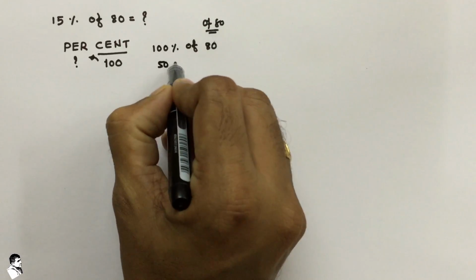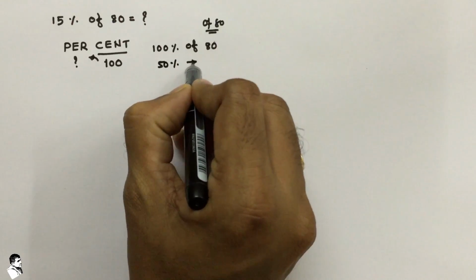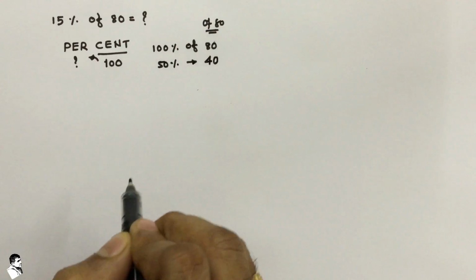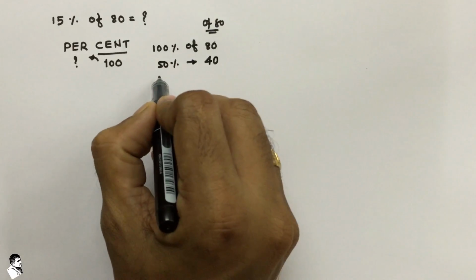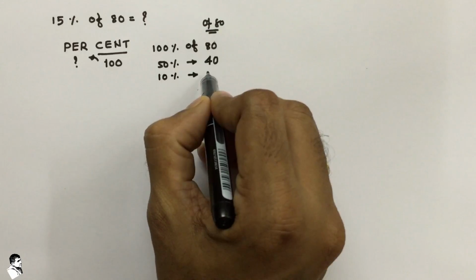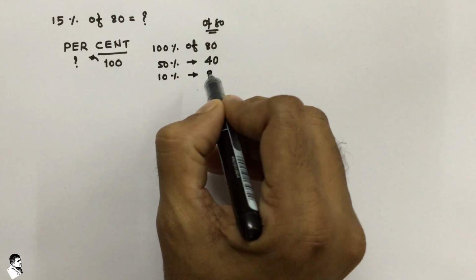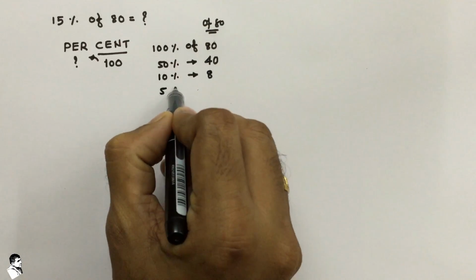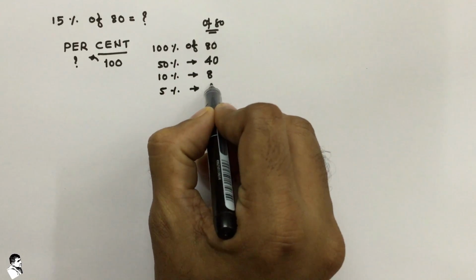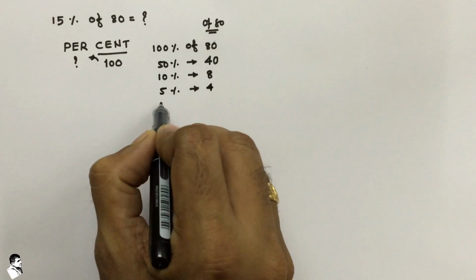If we write down 50% of 80, that is half of that, so that value is 40. 10% of 80, that is 8. Again 5% of 80, that is again half of this, that is 4.